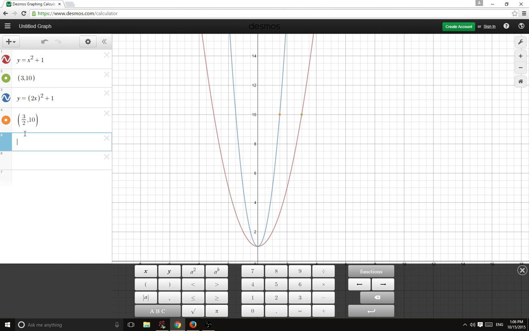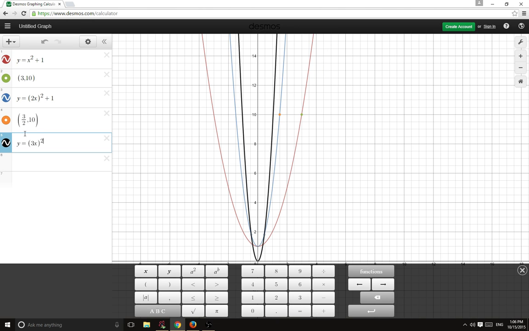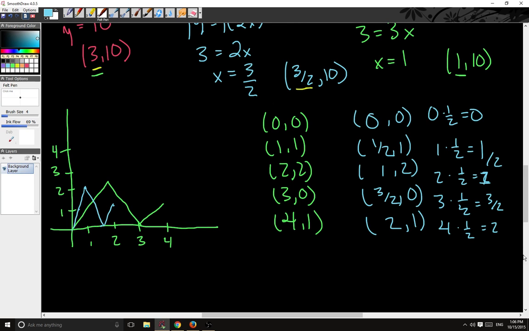And if we wanted to graph y equals 3x squared plus 1, we notice that it's compressed towards the y-axis even more. So yeah, I hope this helped with understanding horizontal dilation.